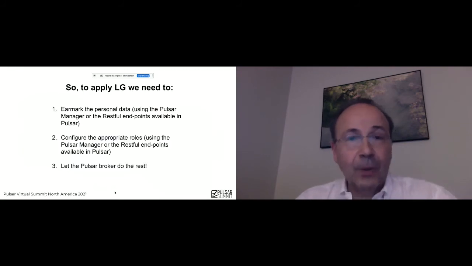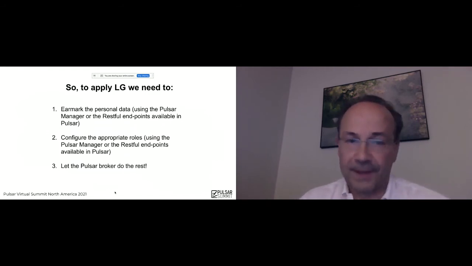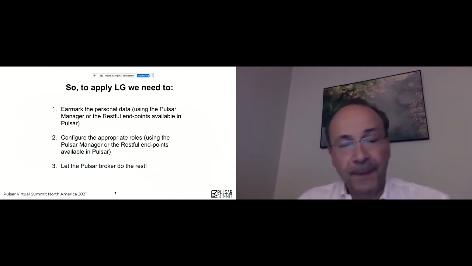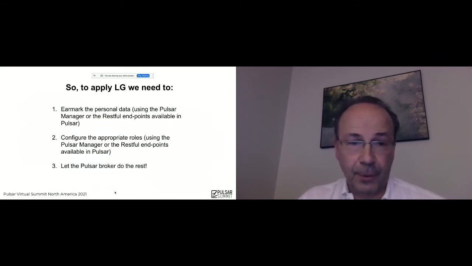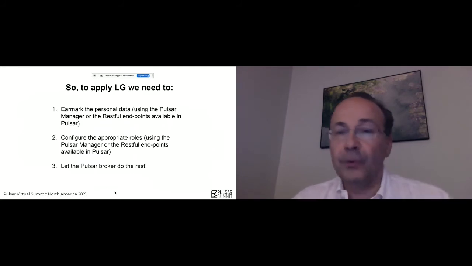So to apply legal ground in Pulsar, we will need to earmark the personal data using the Pulsar manager or the RESTful endpoints available in Pulsar. Then we will need to configure the appropriate roles using the Pulsar manager again or the RESTful endpoints available in Pulsar. And then let the Pulsar broker do the rest.